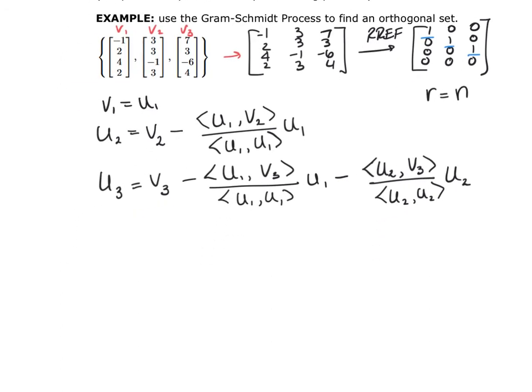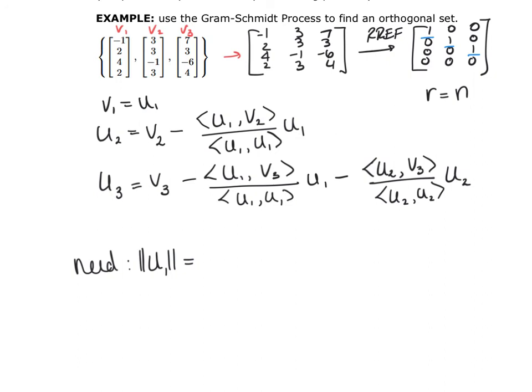Now, my first one's easy. My U1 is my V1, so I already got my first vector in my orthogonal set. I will need to know the modulus, so I'm going to do the modulus of U1.